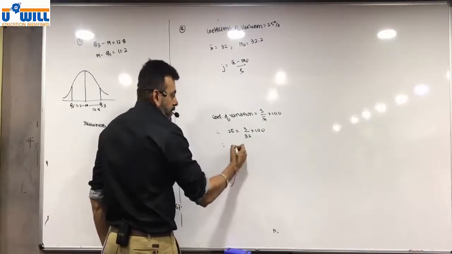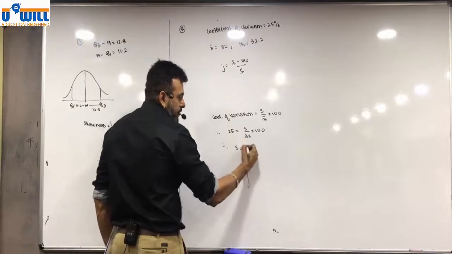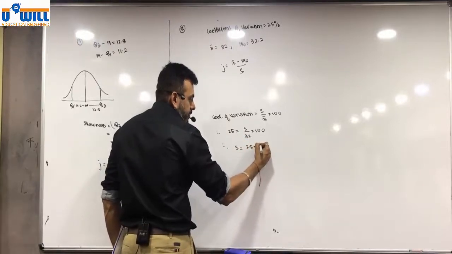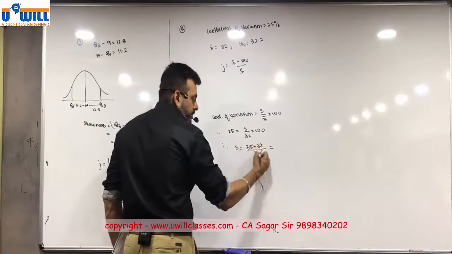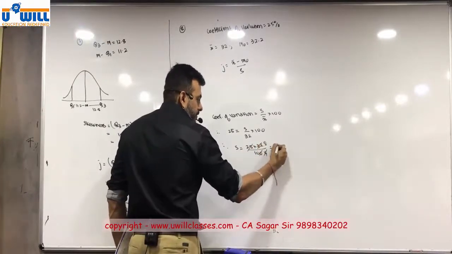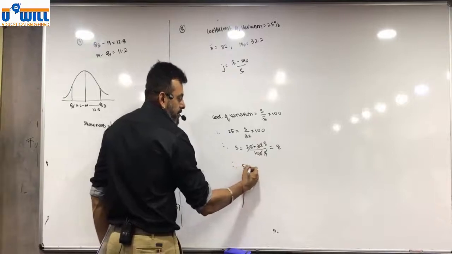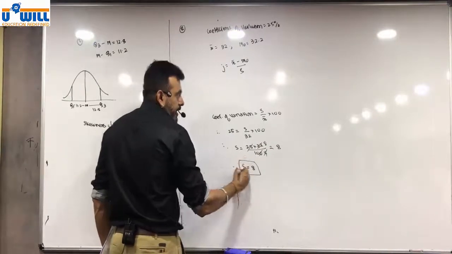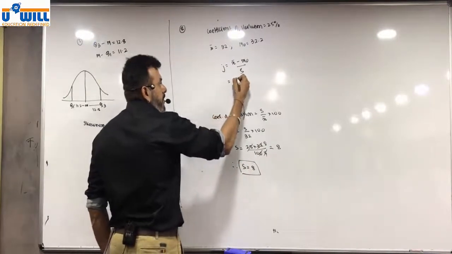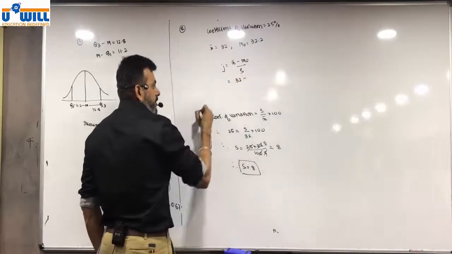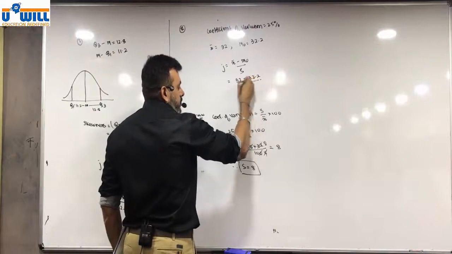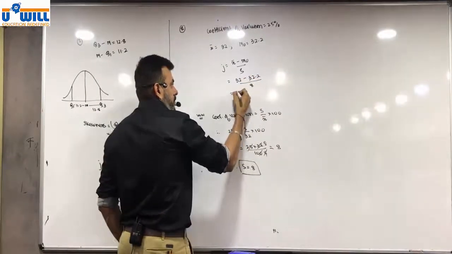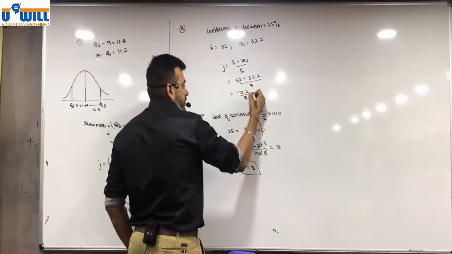Therefore, S is equal to 25 into 32 upon 100, which is equal to 8. Therefore, standard deviation is equal to 8. Applying in the formula, mean is 32 minus mode 32.2 upon 8, which is minus 0.2 by 8.